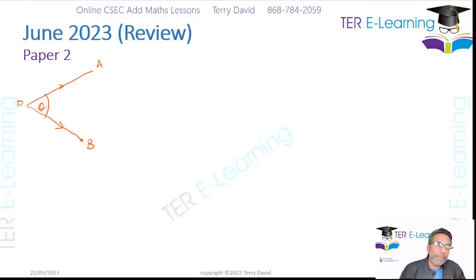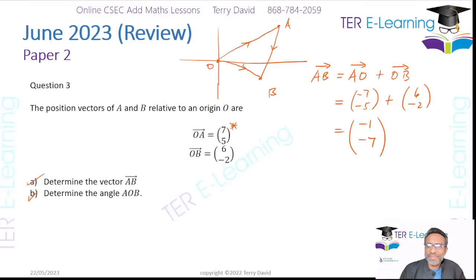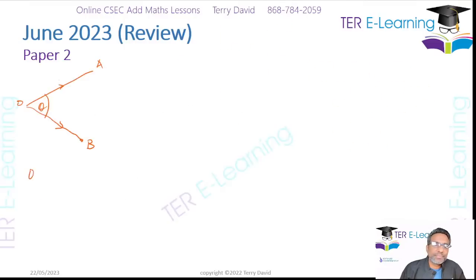OA is (7, 5), OB is (6, -2). Right, so those are two vectors here.